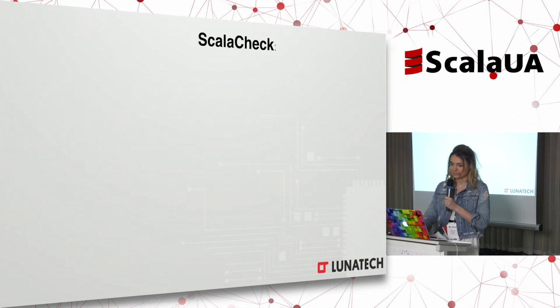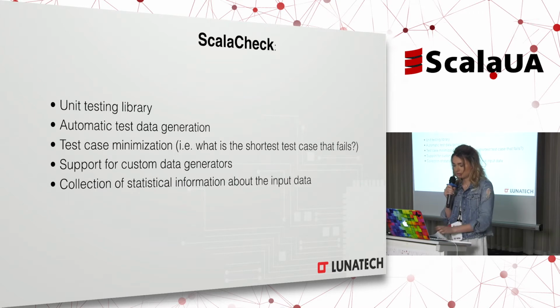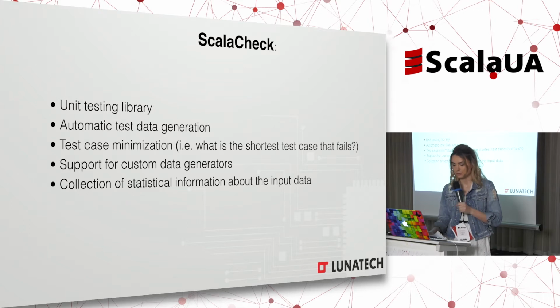So the main idea in ScalaCheck is that we check properties on randomly generated data, and this data is created by generators. So ScalaCheck is a unit testing library, and it provides unit testing of code using property specifications with generated data.